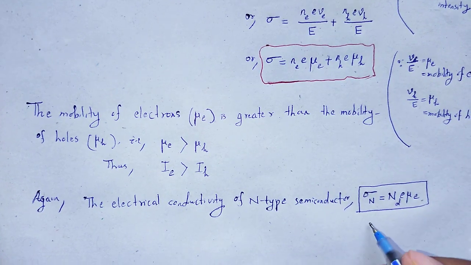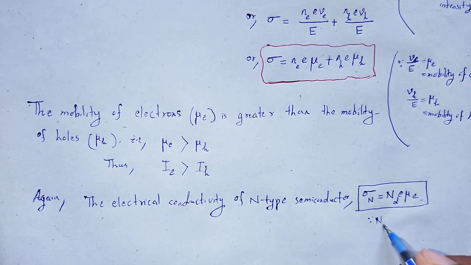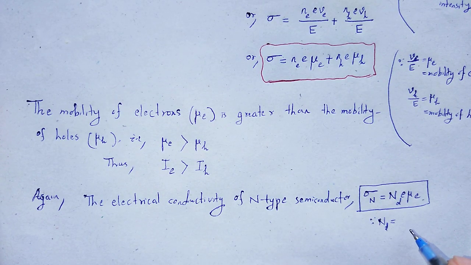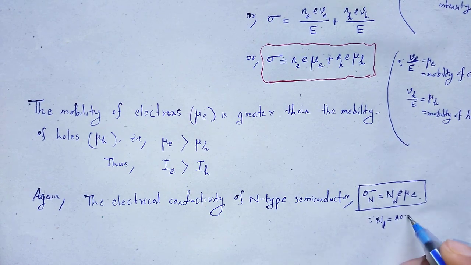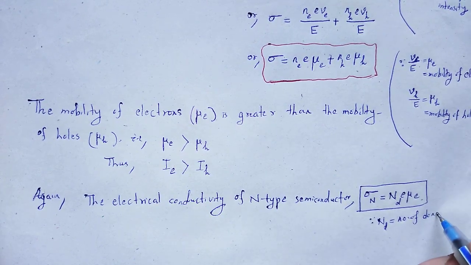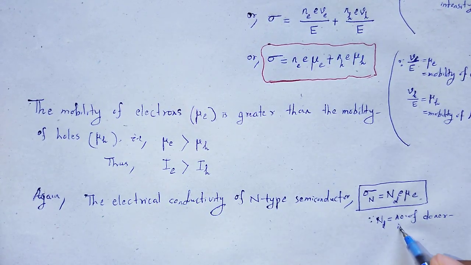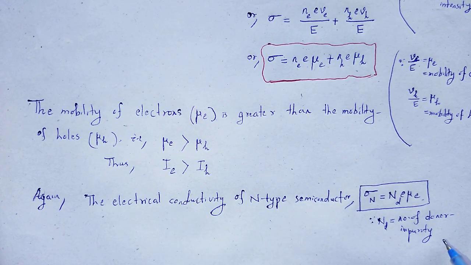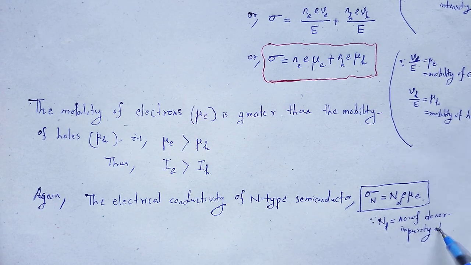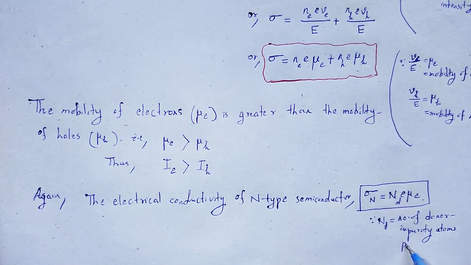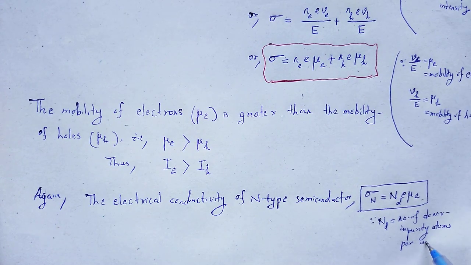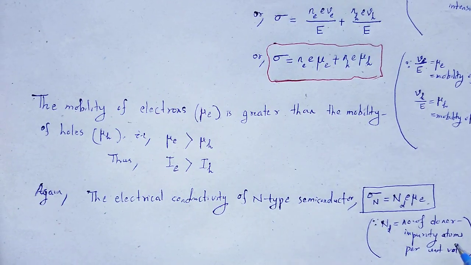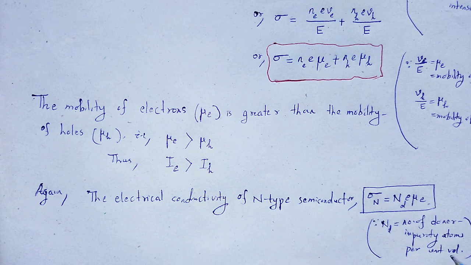Whereas Nd is the number of donor impurity atoms per unit volume.